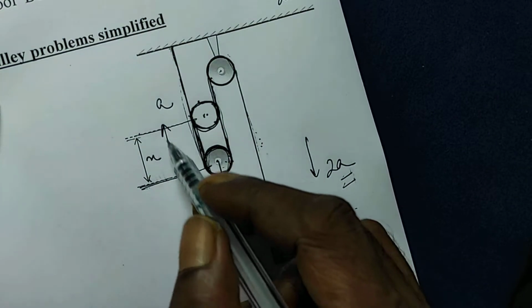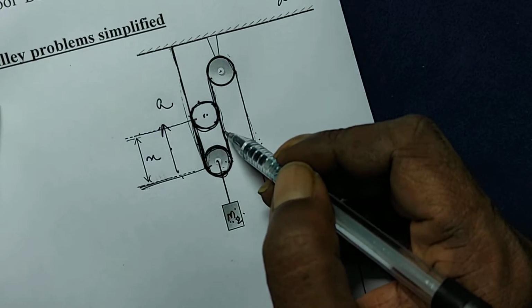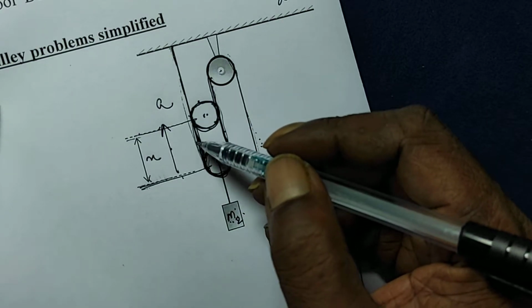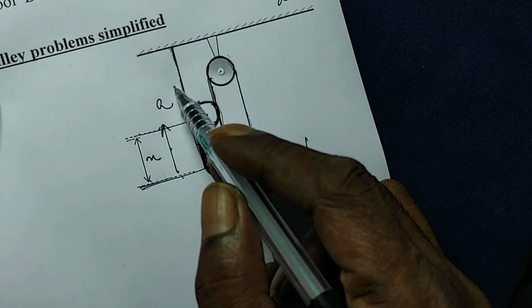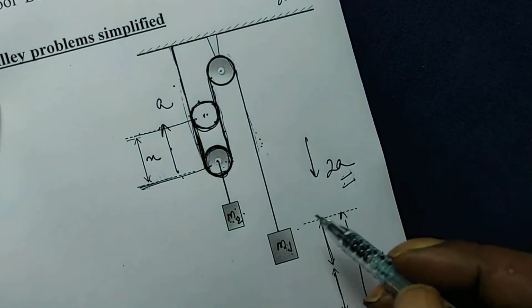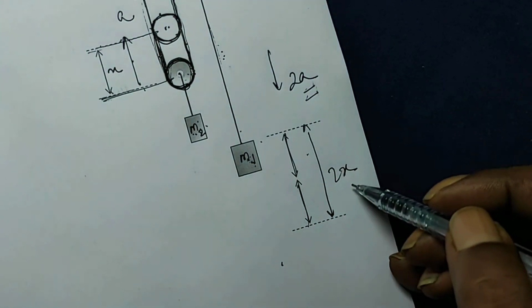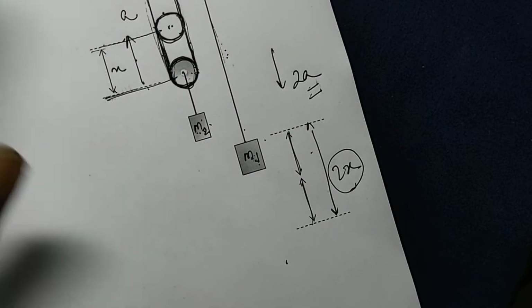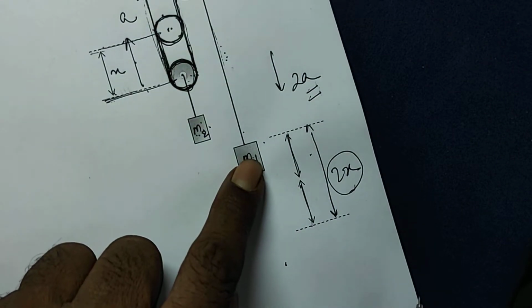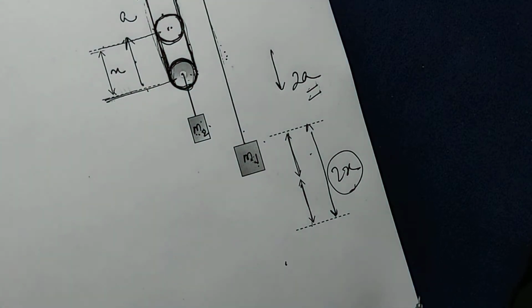From here to here, if it is x on this side and x on this side, x plus x, 2x, the decrease in length of the string on this side is 2x. So the same is the increase of length of this string on this side to keep the total length constant. So now it is clear why the acceleration of this will be 2A and that of this will be A.